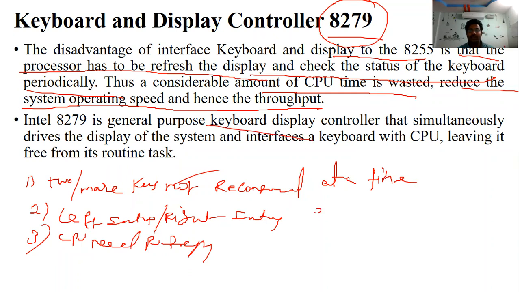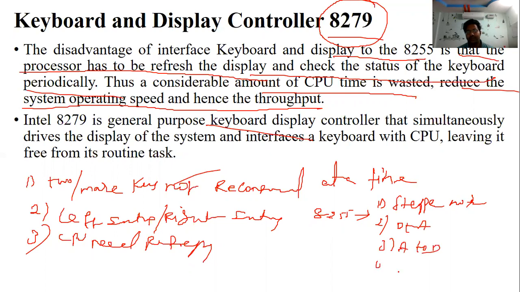Like the 8255, you know that with the 8255, we are going to connect almost all the devices. What are the applications of this one? A stepper motor, this is the general purpose controller, some D to A converters, then A to D converters, even a keyboard and display, some printers, some scanners, etc. We discussed all these examples.